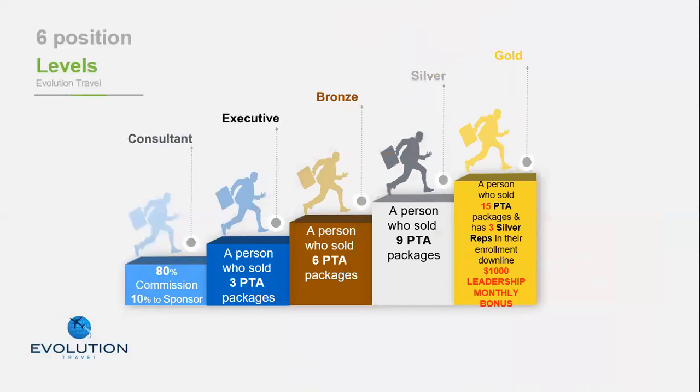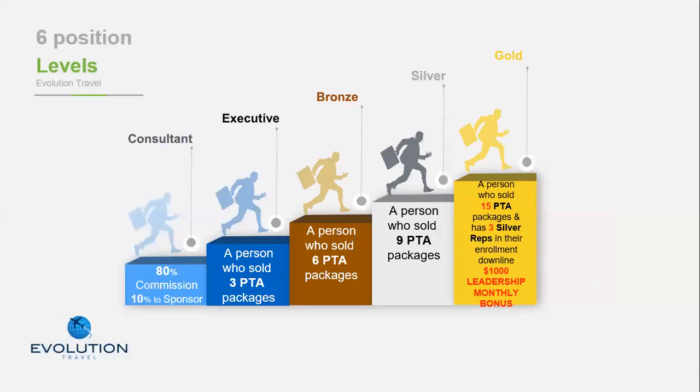Then the next level is the gold, which is a person who sold 15 professional travel agent packages and has 3 silver reps in their enrollment downline. Now, once you reach the gold level, you want to emphasize that you get a $1,000 leadership monthly bonus. But to get gold, you have to recruit 15 individuals.